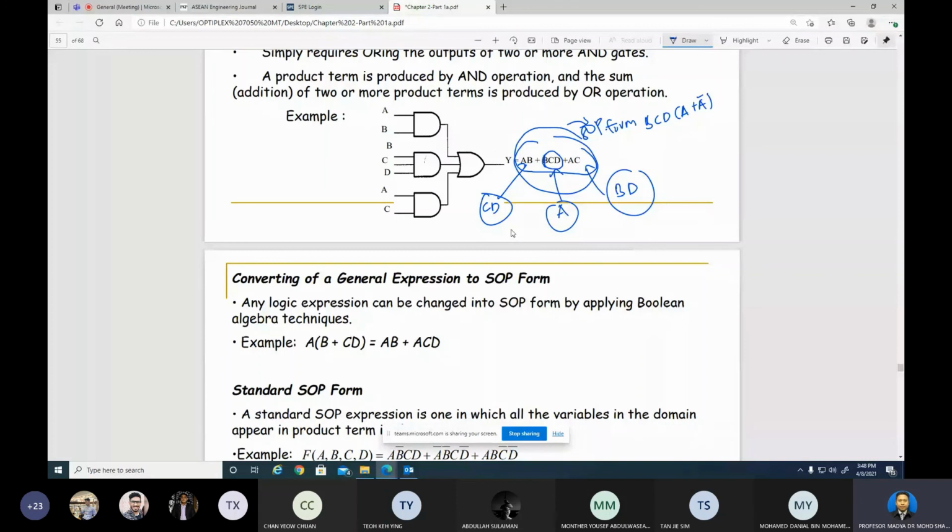Okay, so you have to expand, so this will be A B C D plus A bar B C D. Clear? So automatically all have the elements A, B, C, D, and this one also A, B, C, D. For example, for this one we have to substitute the value of C and D, so we have A, B.